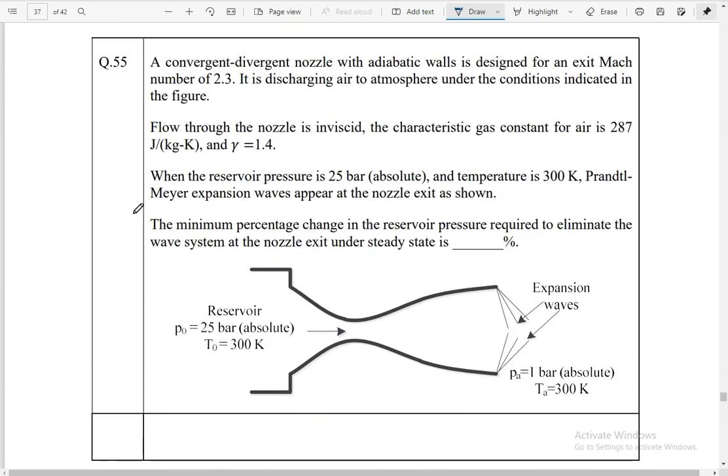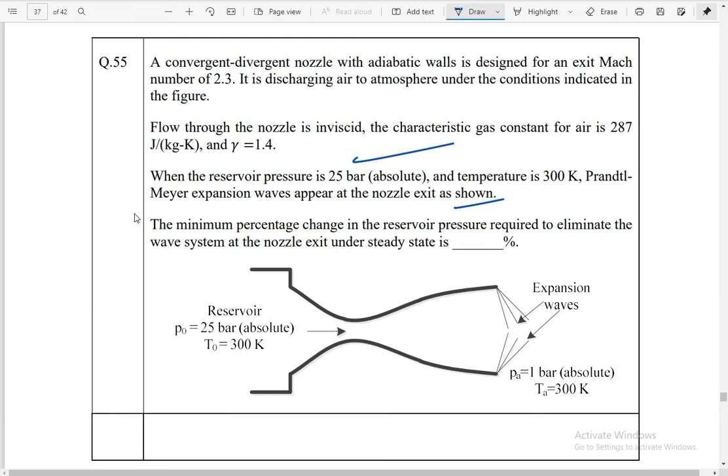In question number 55, a convergent divergent nozzle with adiabatic wall is designed for an exit Mach number of 2.3. It is discharging air to atmosphere under the condition indicated in the figure. Some terms are there. The minimum percentage change in the reservoir pressure required to eliminate the wave system at the nozzle exit under steady state is?